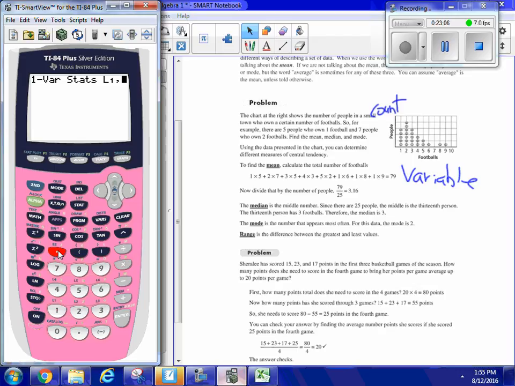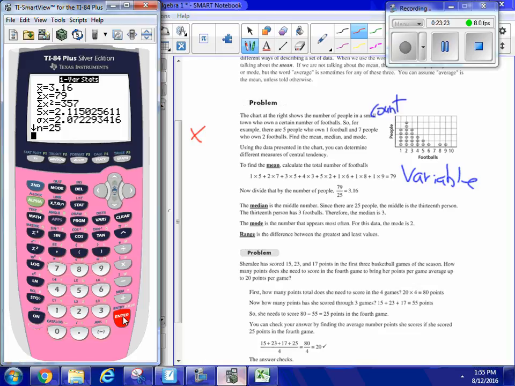And when I press enter, it's going to give me a bunch of numbers. The first number I see up there is x with a bar over it. When you see any variable with a bar over it, that means the mean. So I've gotten the mean, 3.16. That was what we determined a little while ago, that the mean was 3.16.